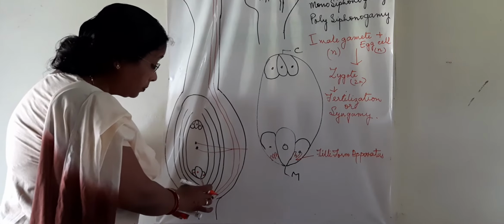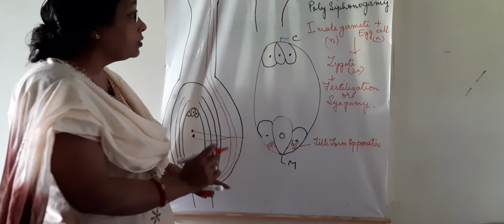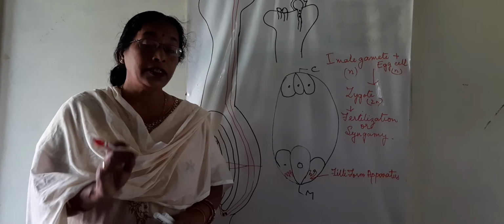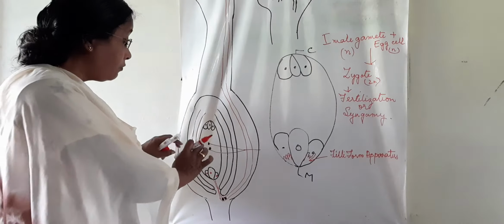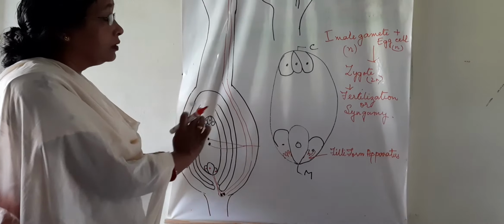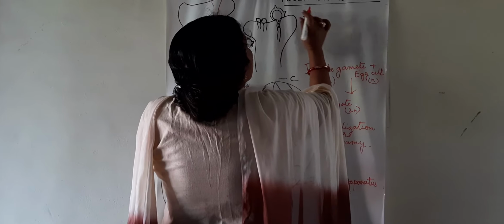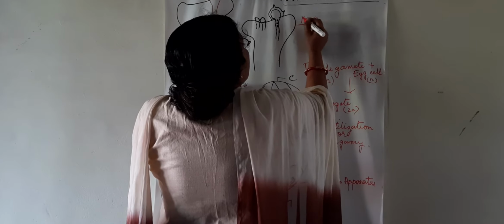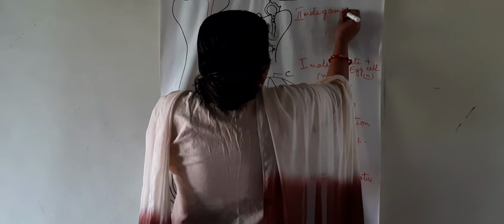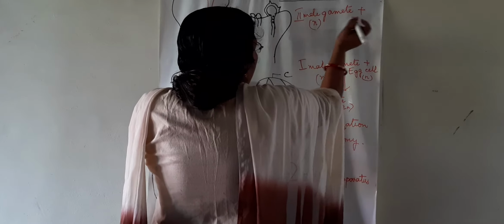Now one more male gamete is present. So the second male gamete will now travel towards the center and fuse with the two polar nuclei.